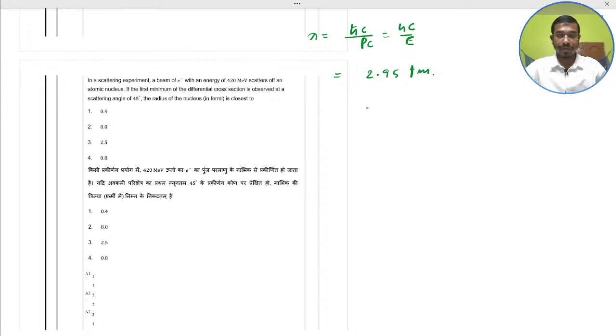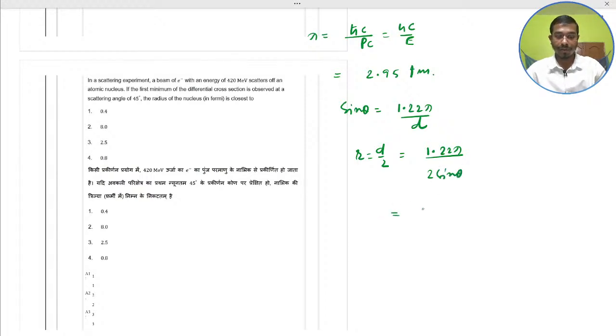And the condition for the first minimum in the diffraction pattern is sin theta equal to 1.22 lambda divided by d. Solve for d, where r equals d by 2. So r equals 1.22 lambda divided by 2 sin theta.